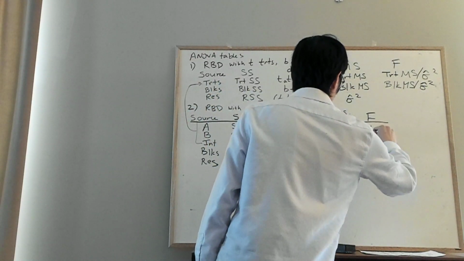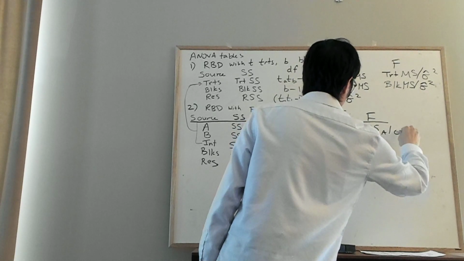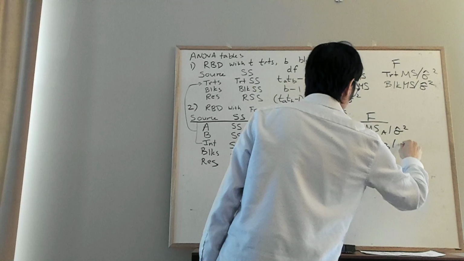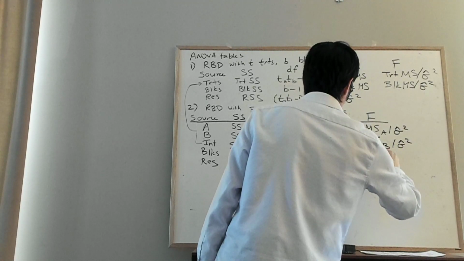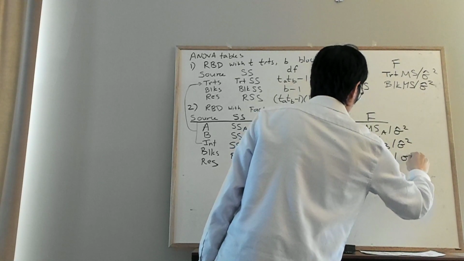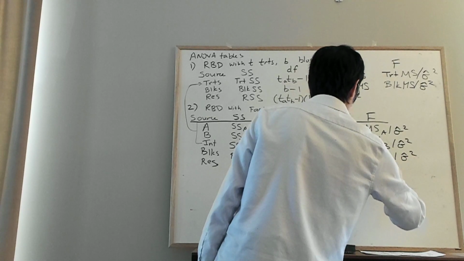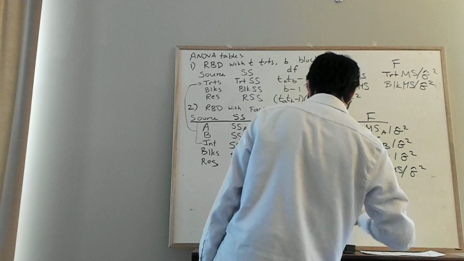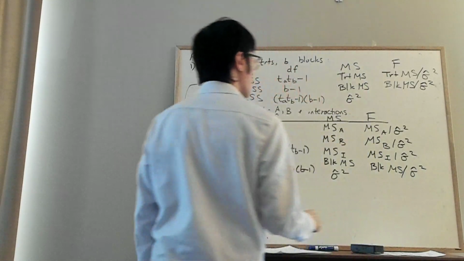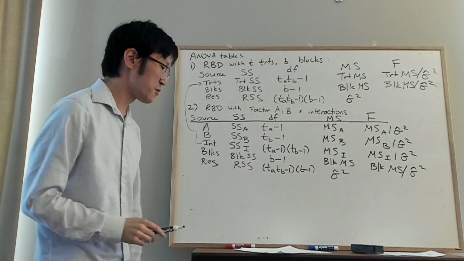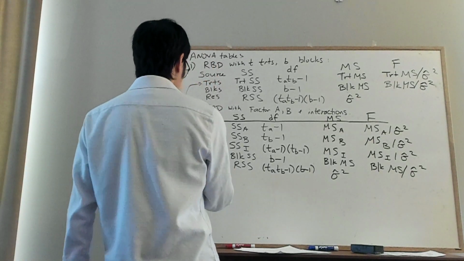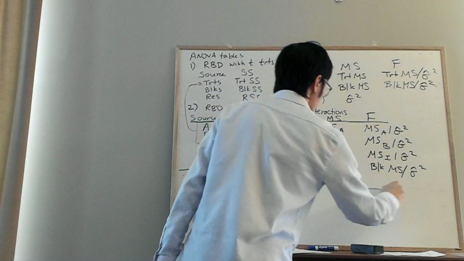So this is mean square A over sigma squared hat, and then similarly for all of these rows. Okay, so those are our 4 F statistics. Those are the ANOVA tables.